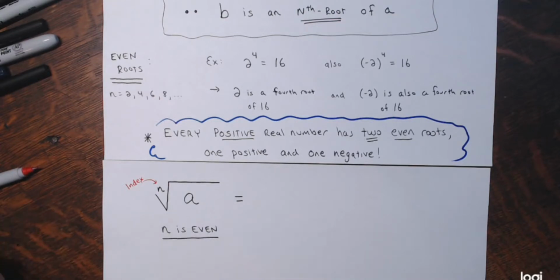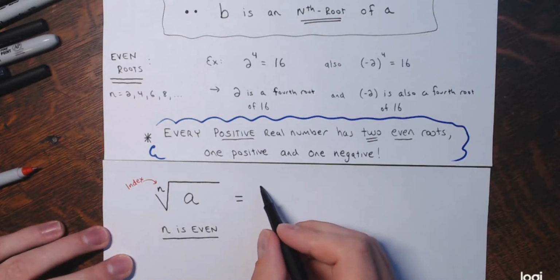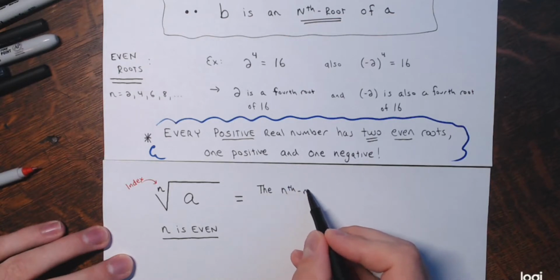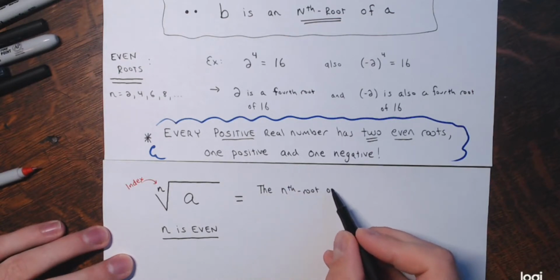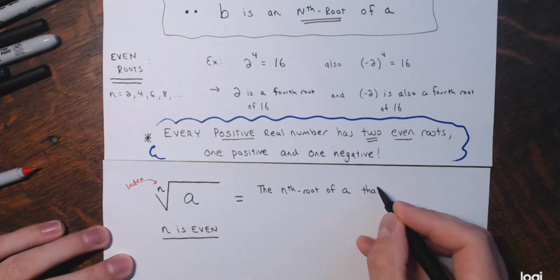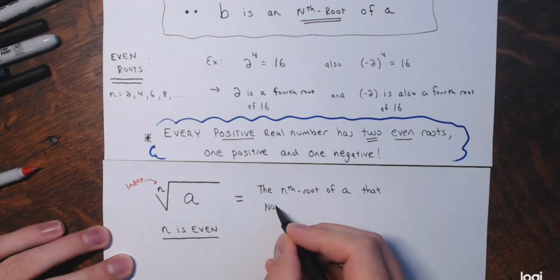The one that's not negative. Just like square roots earlier, when you see this symbol and it's a fourth root, a sixth root, an eighth root, they are asking you for the nth root of a that is not negative. They want the non-negative one.